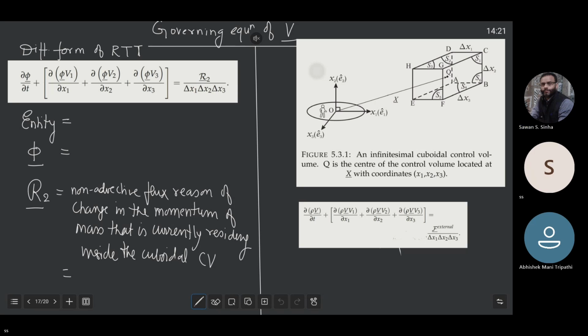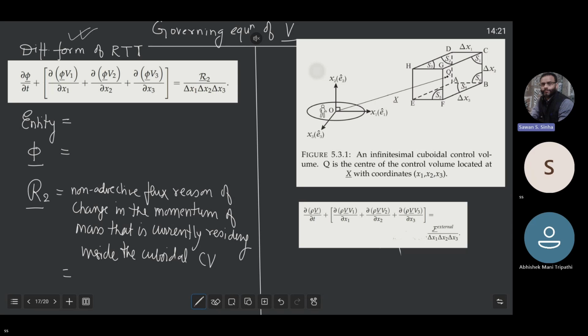Okay. All right. Coming to the governing equation of V, this will be our starting point: the differential form of RTT. We have to make some judgments. What judgment?